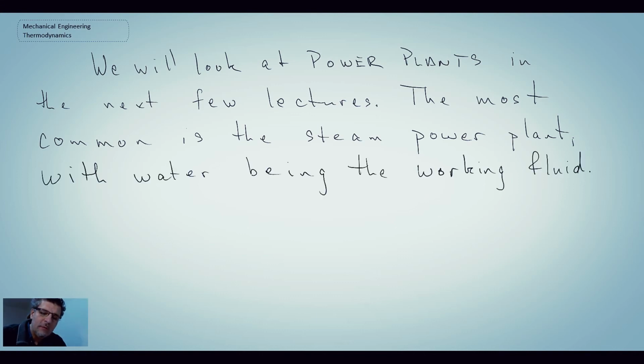We'll be taking a look at steam power plants and the different designs or forms of steam power plants. There are many different iterations and variations that we will encounter. Then we'll look at ways of analyzing and determining the thermal efficiency of steam power plants. So that's where we're going with the next few lectures.